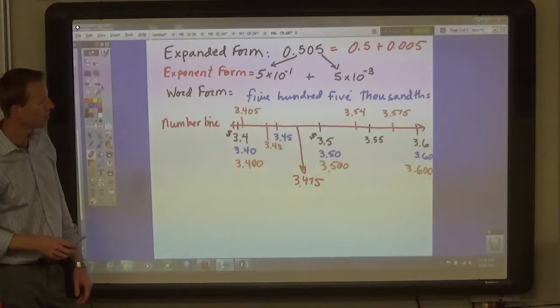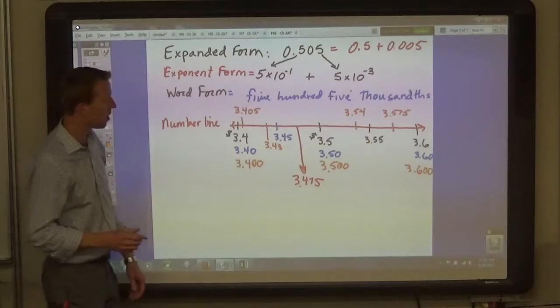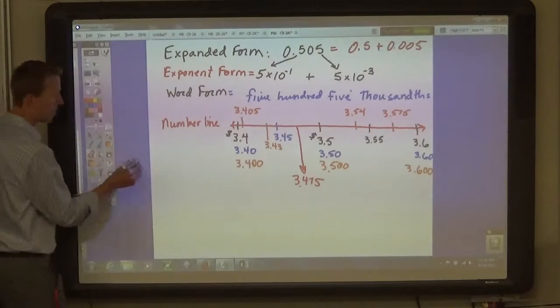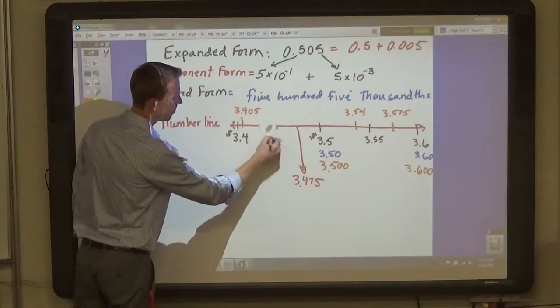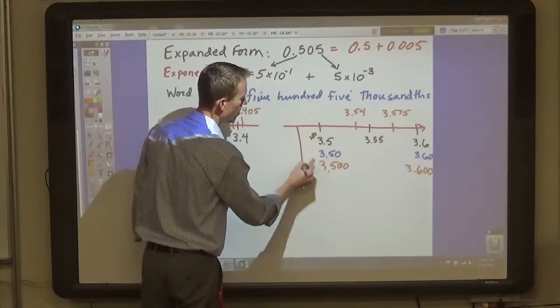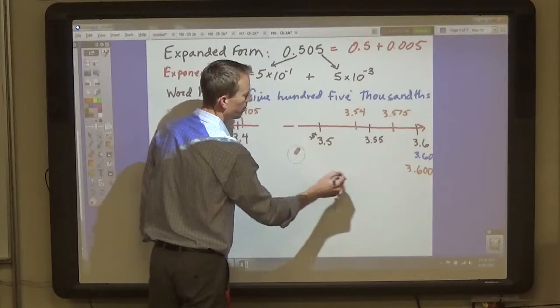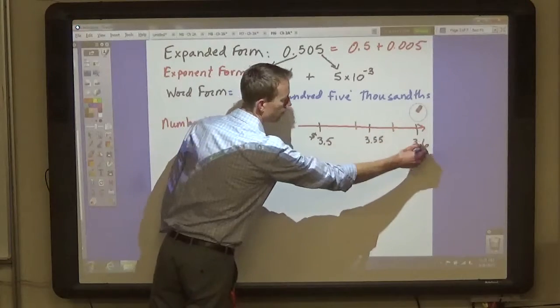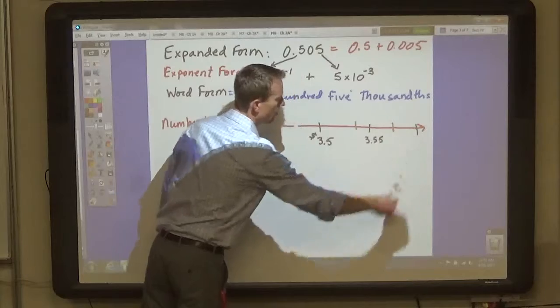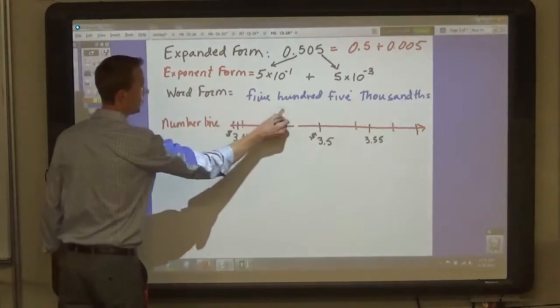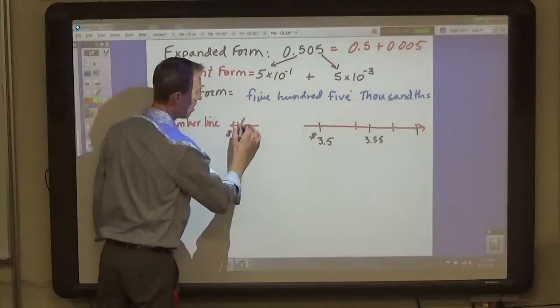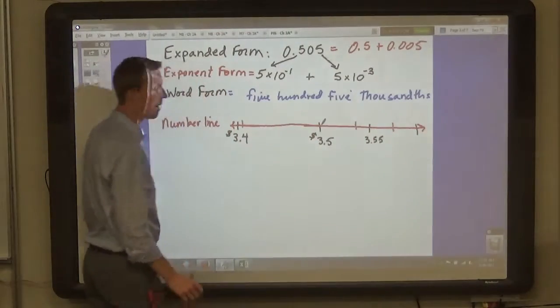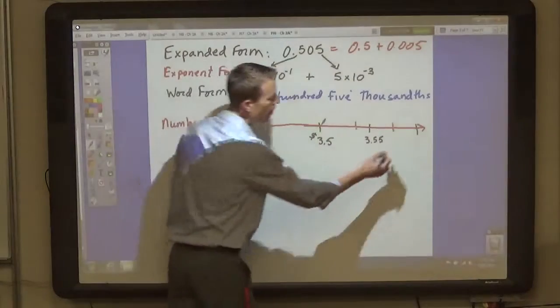Then, let's look at a number line and see how a number line works. Let's get rid of some of these. Let's start with these. So we've got some numbers here, 3, 3.4 and 3.5 and 3.6.